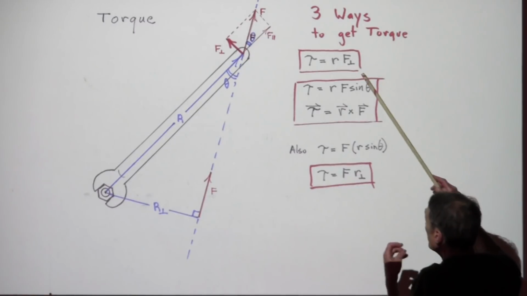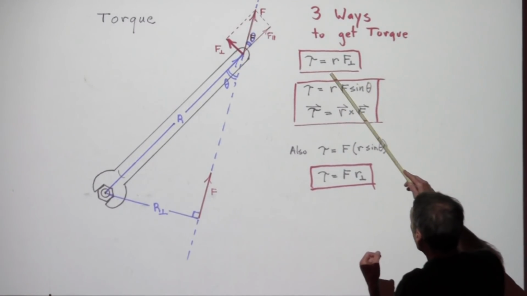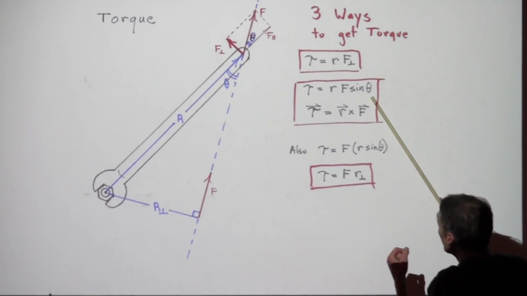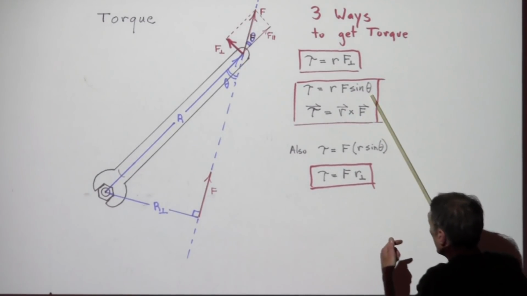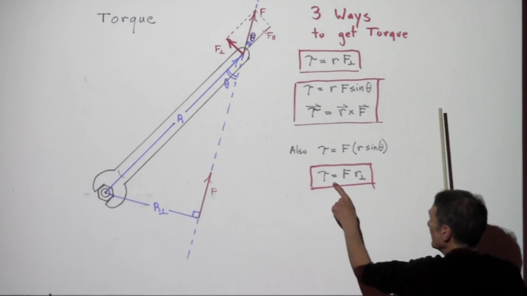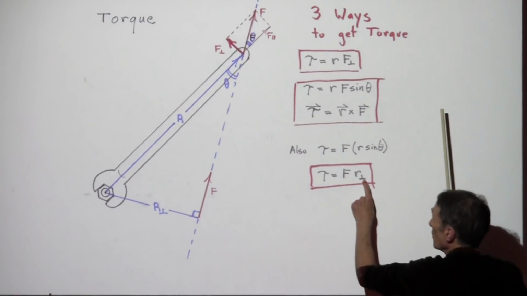In problems we can mix and match these. This again is the most intuitive: R times F perpendicular. R times F times the sine of theta is good and most general. And then this one is going to be employed a great deal in problems: the torque is just going to be F times R perpendicular.